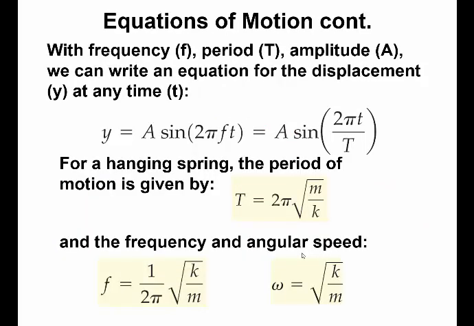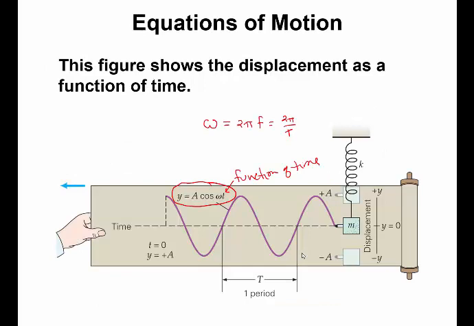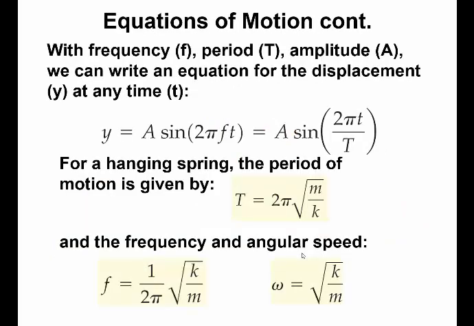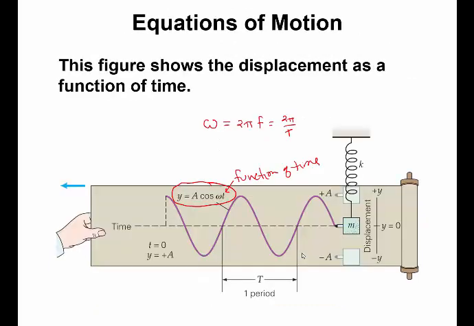So here, in this scenario, it was cosine, and in this one, it's sine. So why is that? Well, it's because at time equal to 0, y was equal to A. How can that happen?